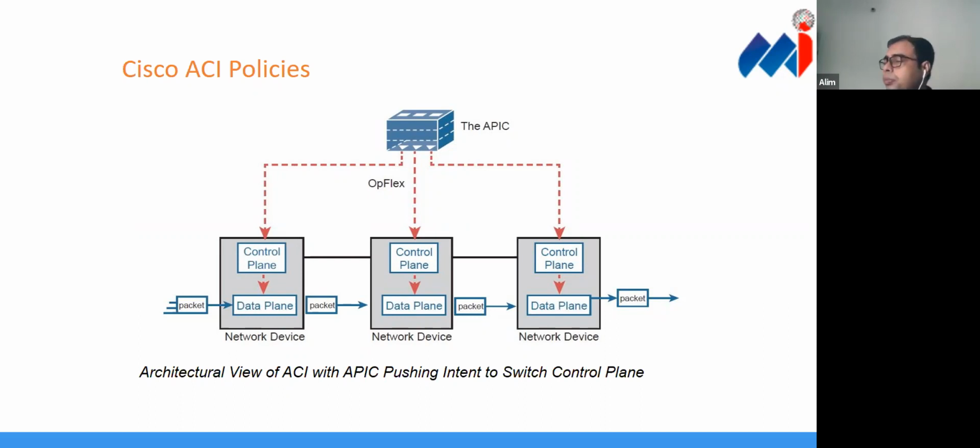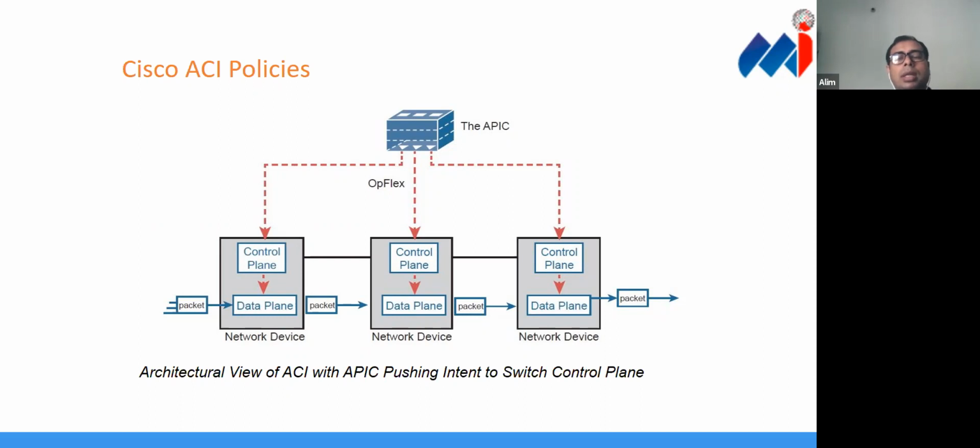But here in Cisco's deployment the control plane is in the network device. In the original SDN concept, the control plane is totally in the controller, not in the device. So that is the difference between Cisco ACI and the original concept of software-defined networking.